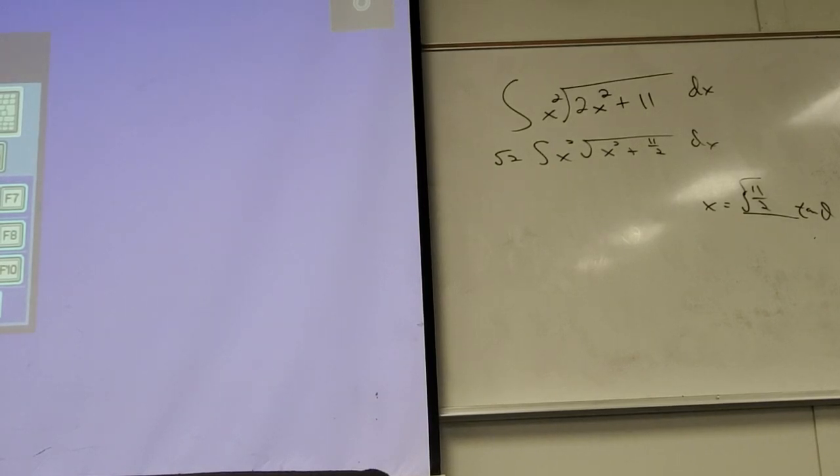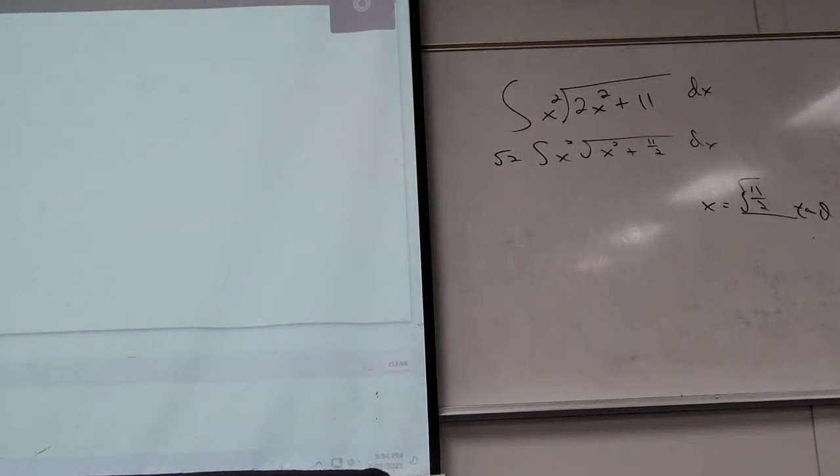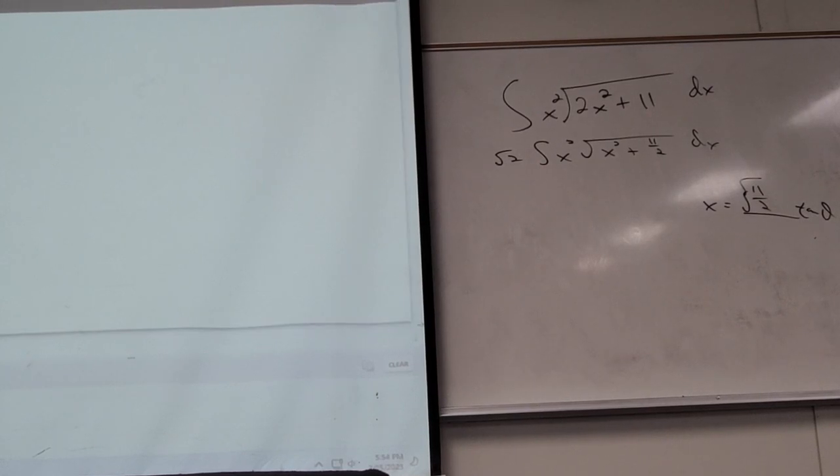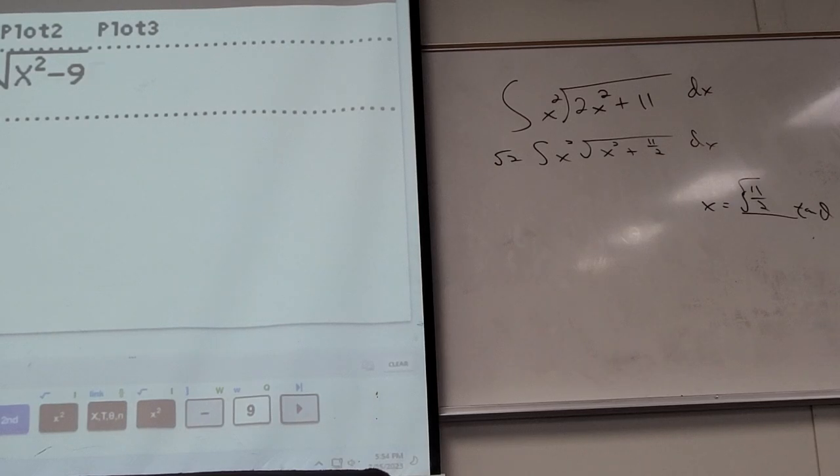Let's see. I need something. There we go. Calculator. So real quick, let's do x times the square root of x squared minus 9, if anybody wants to play along with me. If I had to integrate that, what method would I use? U-substitution. I love it.